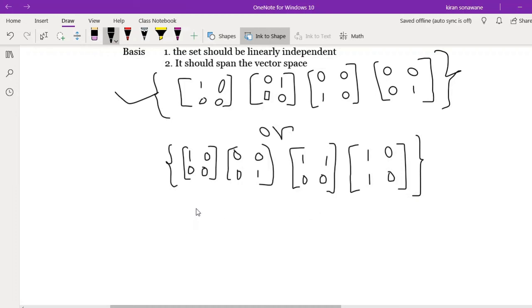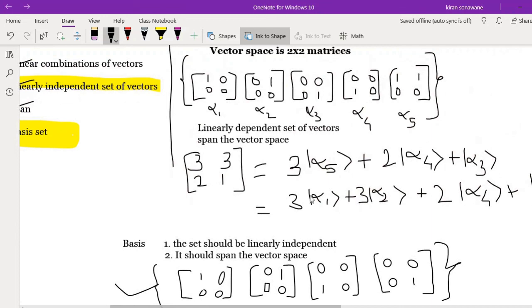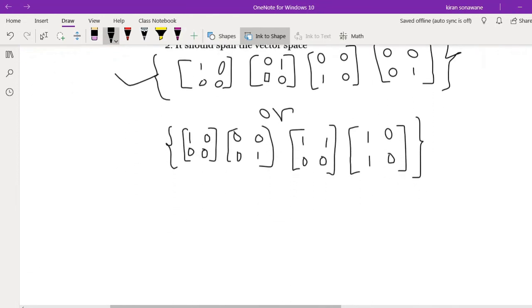So this is another example of linearly independent vectors. Are these linearly independent? Yes, obviously. But can they span the vector space? Let's take an example. Suppose I want to find out whether this vector can be represented in terms of this basis.